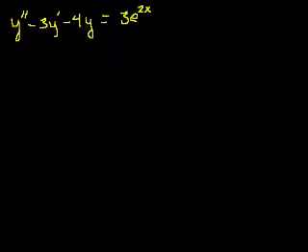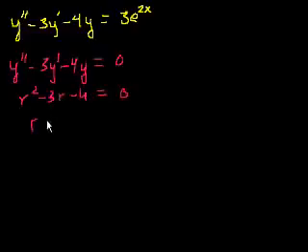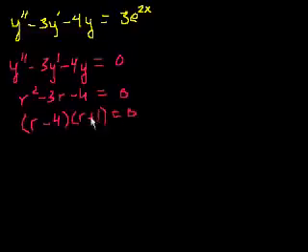The first step is we want the general solution of the homogeneous equation. In that example I just did, that would have been our h of x. So we want the solution of y prime prime minus 3y prime minus 4y is equal to 0. Take the characteristic equation: r squared minus 3r minus 4 is equal to 0. That's r minus 4 times r plus 1 is equal to 0.